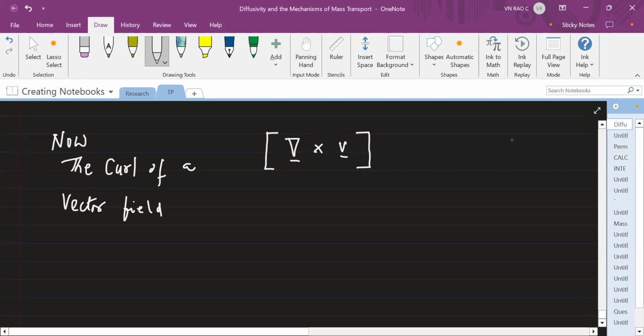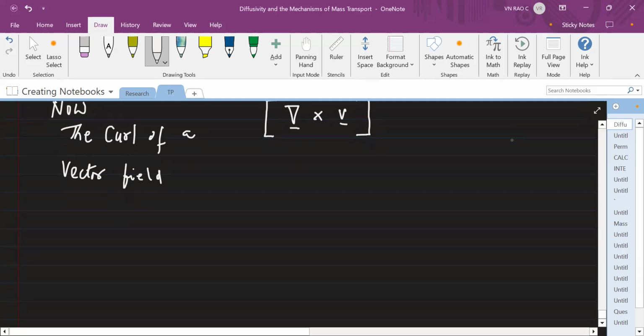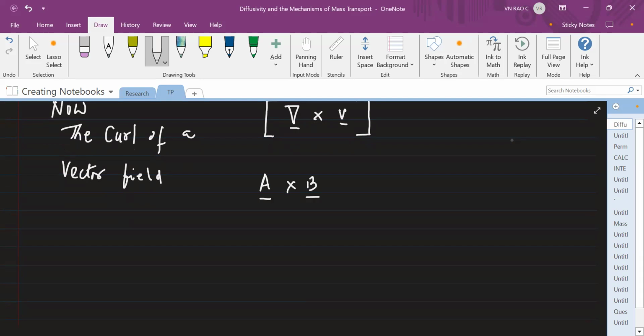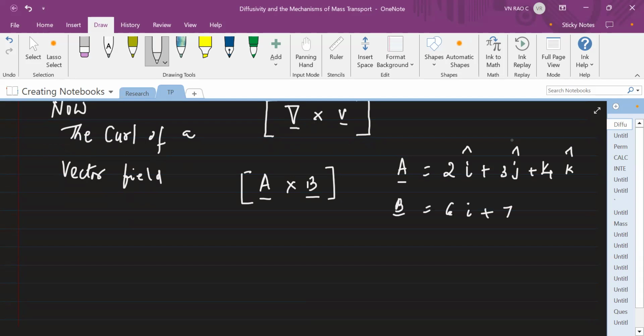So generally speaking, suppose I take the example of vector A cross vector B, a cross product, and suppose vector A is 2i cap plus 3j cap plus 4k cap, and B is equal to 6i cap plus 7j cap plus 3k cap.